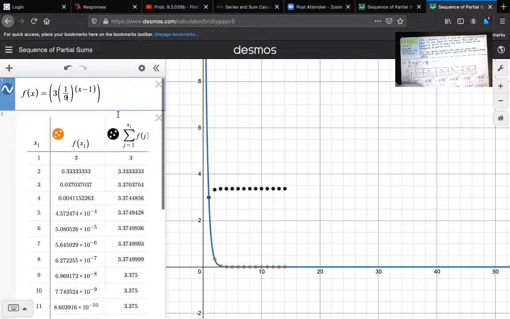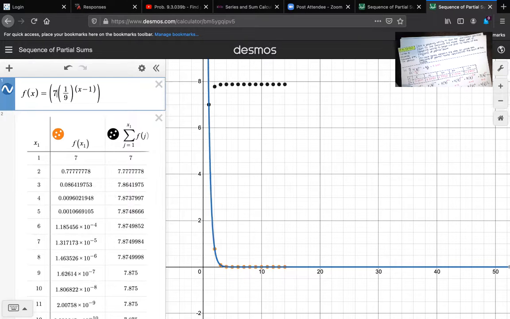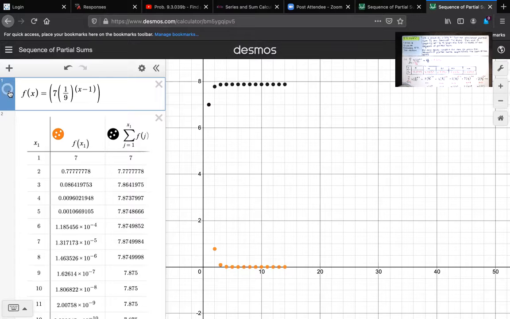So I'm going to make that a 1/9, and I'm going to make that a 7. And the blue curve is the exponential function, it's decreasing, that comes from just the nth term of this series. But I don't want to graph that blue curve. We can just click this little icon over here and it's gone.